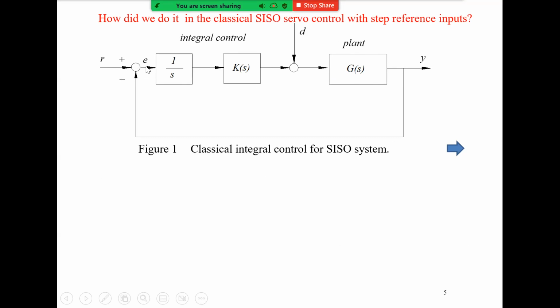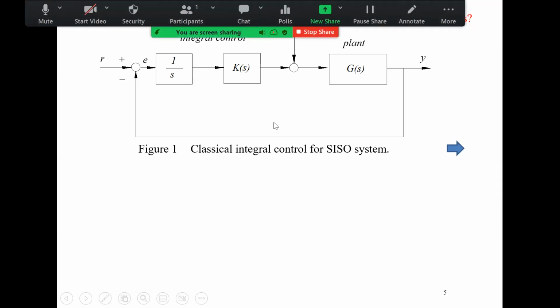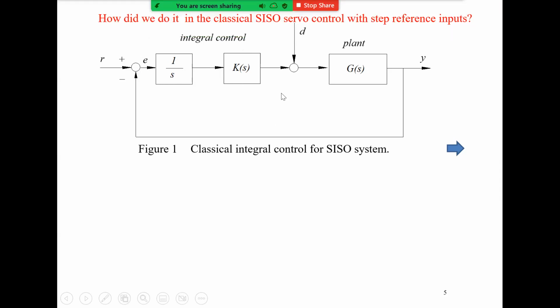You get the difference, that's the error signal, and you design a controller. When we talk about integral control, I just extracted the integral from the controller, which means there is an integrator in your controller.